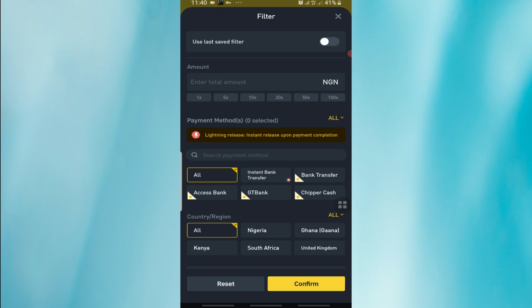Take note of this: the capital you are using to trade this determines your profits. If you are using 100,000 naira, your profit will be higher. If you are using 150,000 naira, whatever amount you are using, your profit will be higher compared to when you are using a smaller amount of money. Take note of that. The next thing I'll be doing is inputting 100,000 naira.